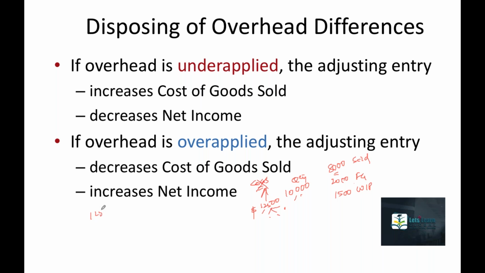What you need to do is, it should be charged to three components: cost of goods sold, ending finished goods and ending work in progress in this ratio. That is 80 is to 20 is to 15. 8,000, 2,000, 1,500. So this amount is to be charged to cost of goods sold, ending finished goods, and work in progress in this ratio.